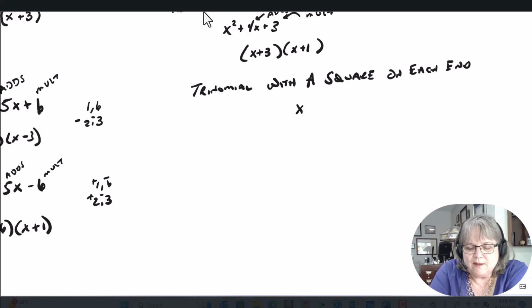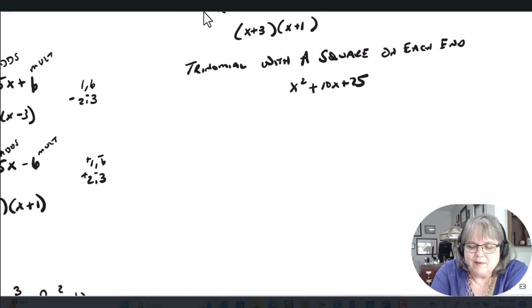So you would say x squared plus 10x plus 25. And you would say, well, there's a square on each end. Maybe it's x plus 5, because you take the square root of each end.